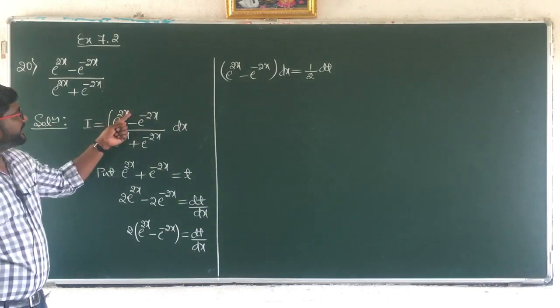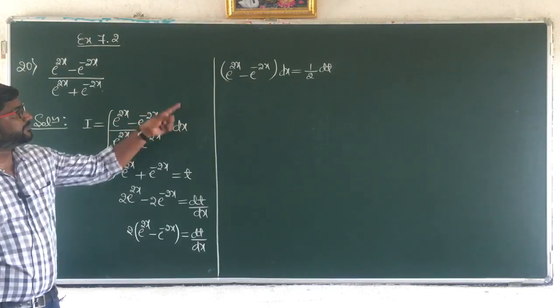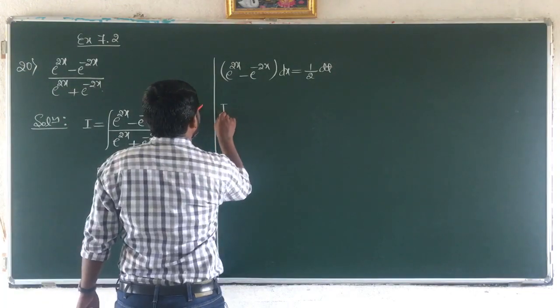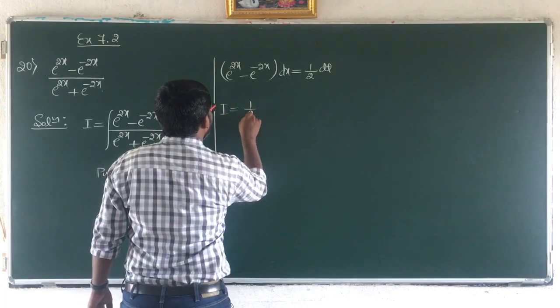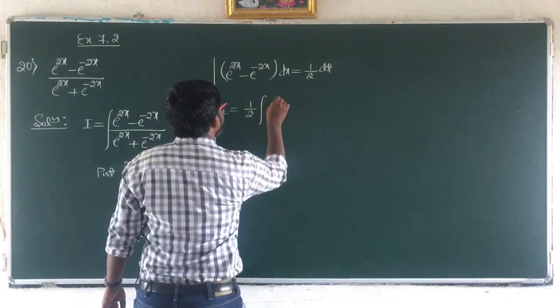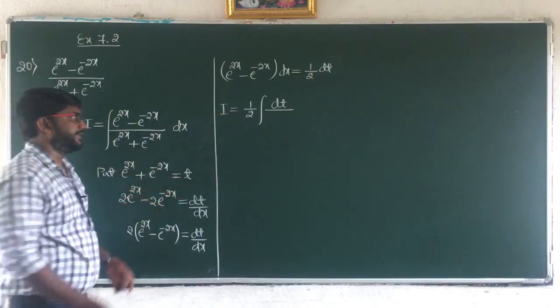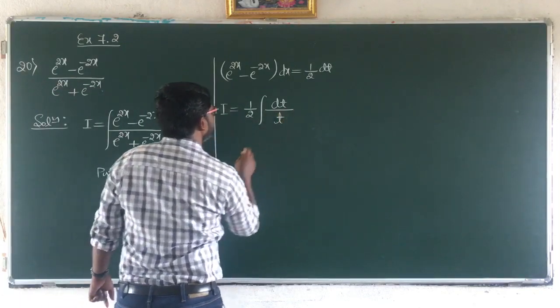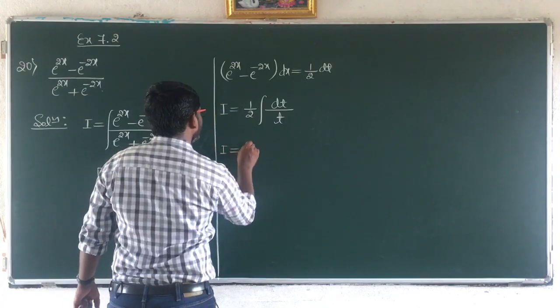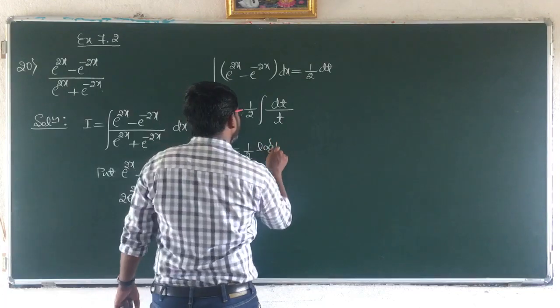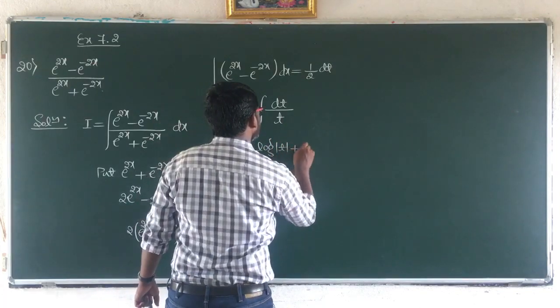E raised to 2x minus e raised to minus 2x dx will be 1 by 2 times dt. I which is equals to, so I write 1 by 2 outside the integral, it is dt, then divided by, so this is nothing but t. So I which is equals to 1 by 2 log mod t plus c.